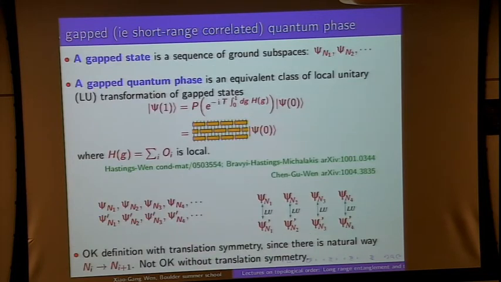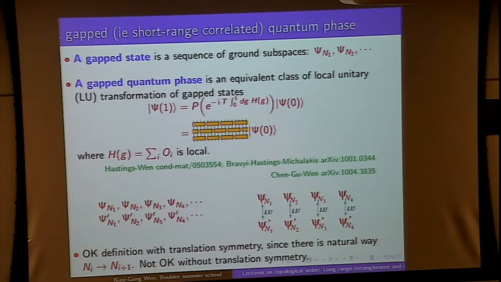And then what is a phase? Well, a phase is just an equivalence class. When you have two sequences of ground states or ground spaces, and there is some equivalence relation, you say these two sequences are equivalent. Then the equivalence class becomes a phase.